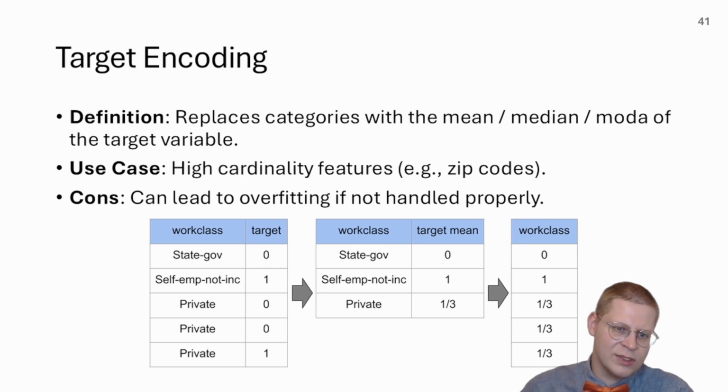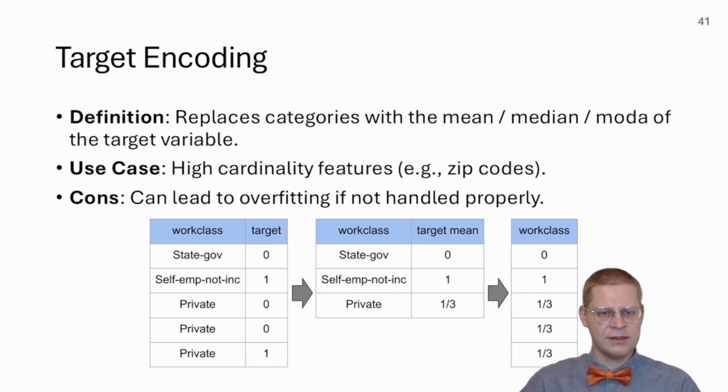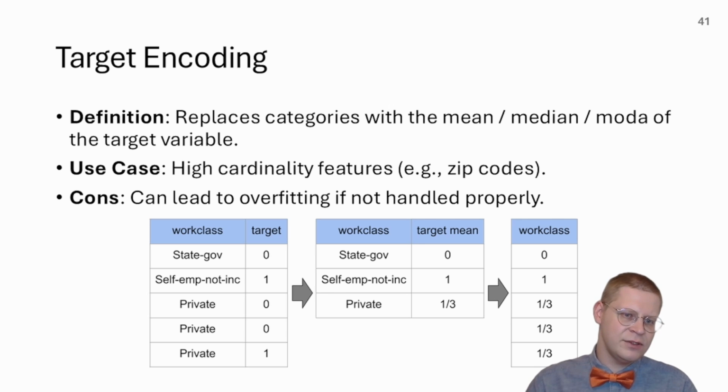There is a more sophisticated approach like target encoding. It replaces the categories with the mean or median or some functions based on the target. The great use cases are high cardinality features like zip codes or car brands. Imagine we're encoding the car brand with a median price.